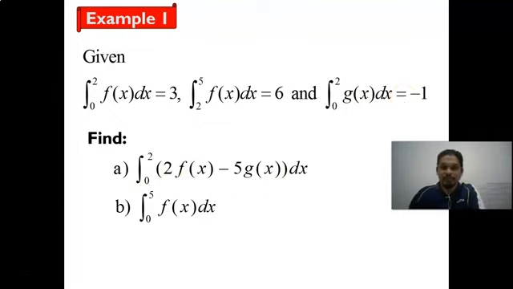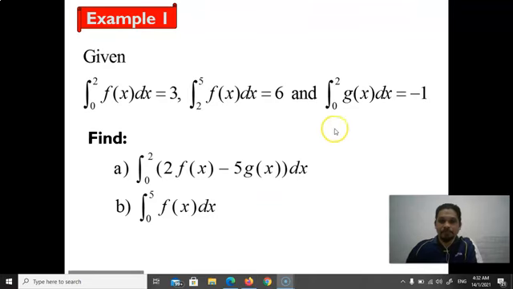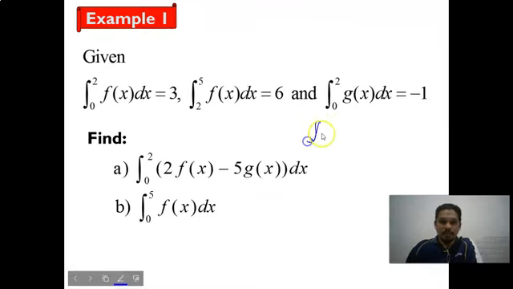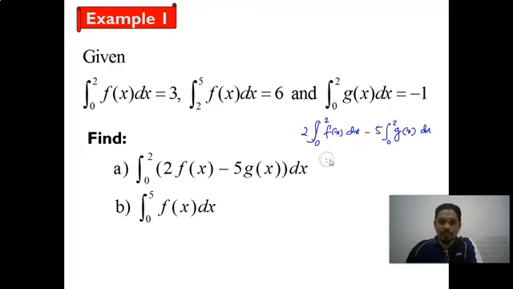For this one here, it's the integral of 2f(x) dx minus 5 times the integral of g(x) dx, from 0 up to 2 for both.